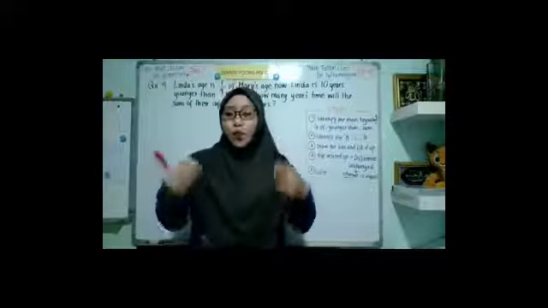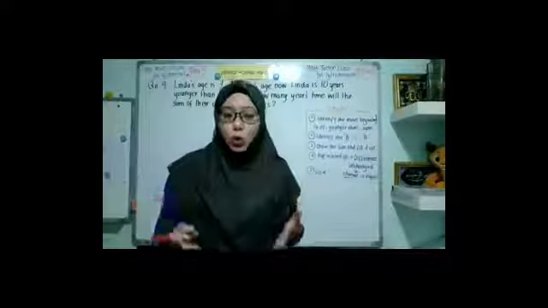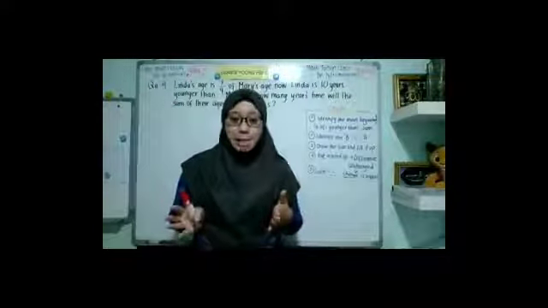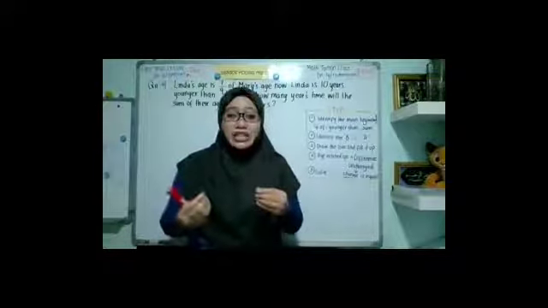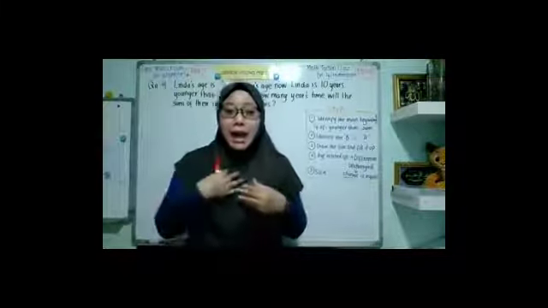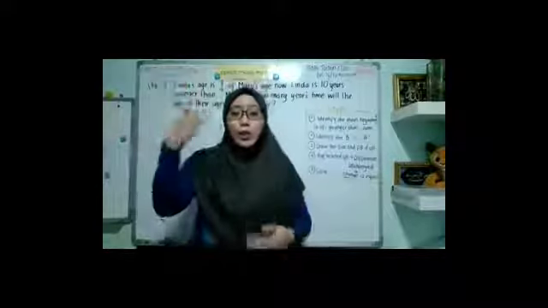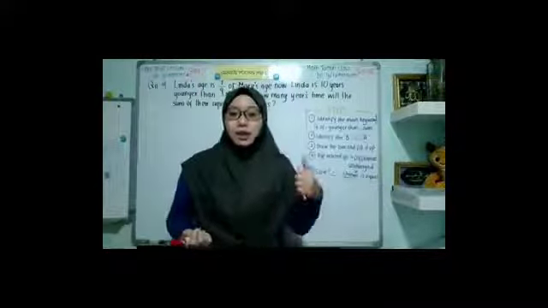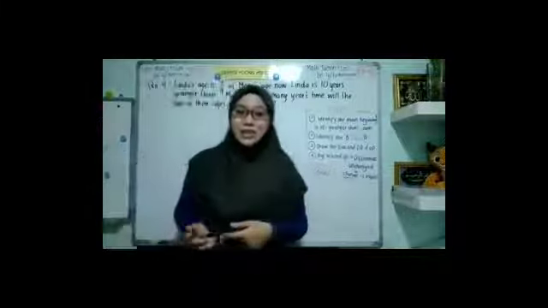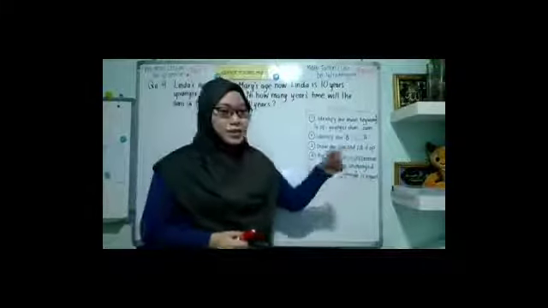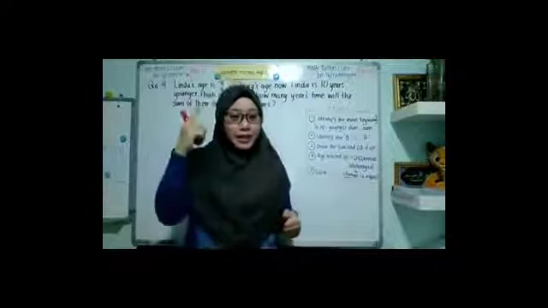So for age-related questions, it's always the difference unchanged concept because the change is the same. I plus 2 years, your child plus 2 years. When the change is the same, it is called the difference unchanged concept. Change is equal. So we're going to apply that concept to this question.